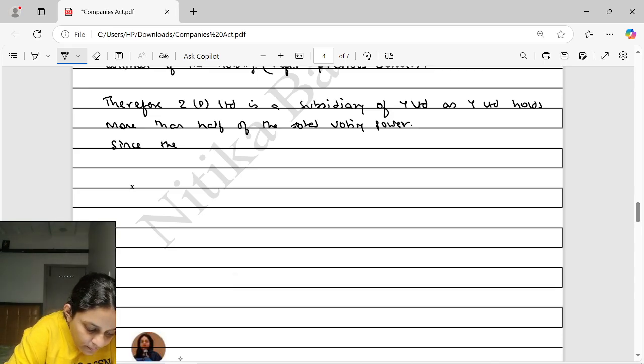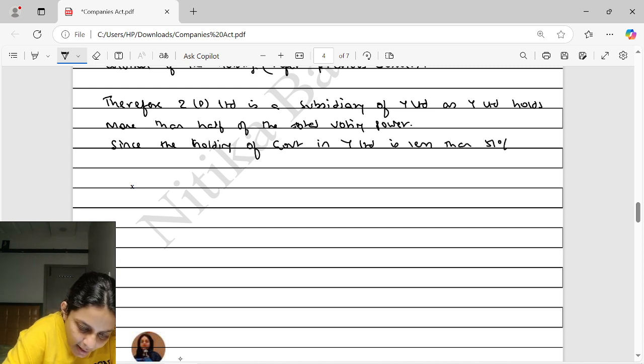Since the holding of government in Y Limited is less than 51% of the paid up capital, Y Limited is not a government company.